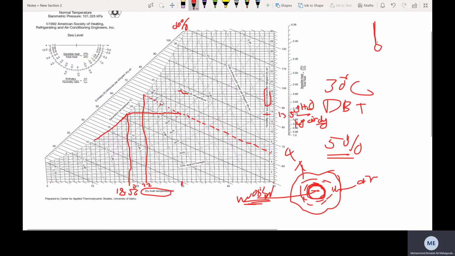But the wet bulb temperature is the temperature that I measure when I have a wet cloth surrounding the bulb, and my air is going there. Now, if my air is not 100% saturated, then it will take some of the moisture in this wet cloth.